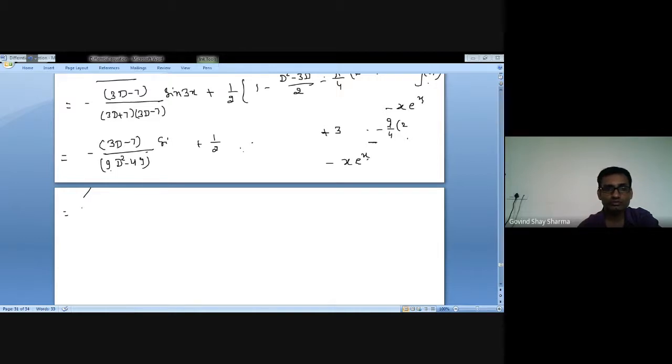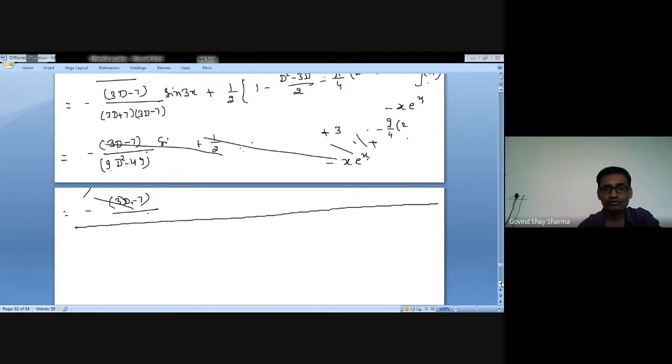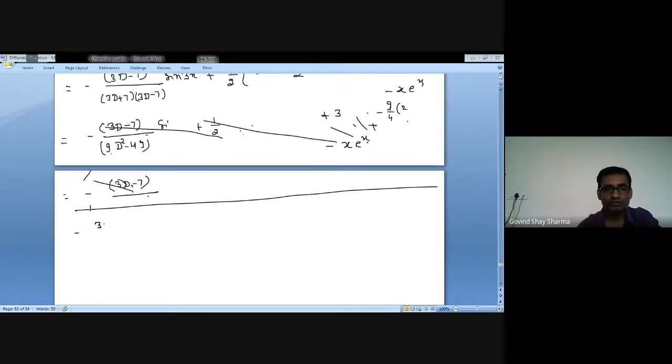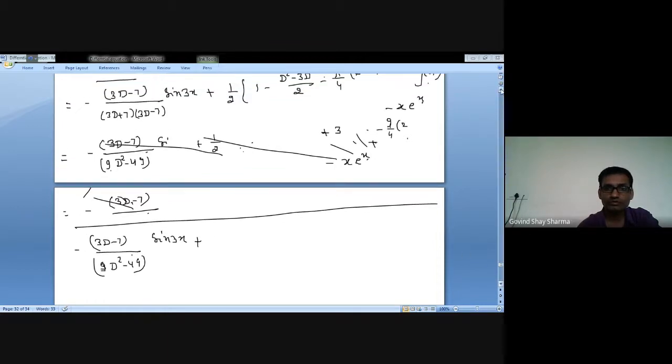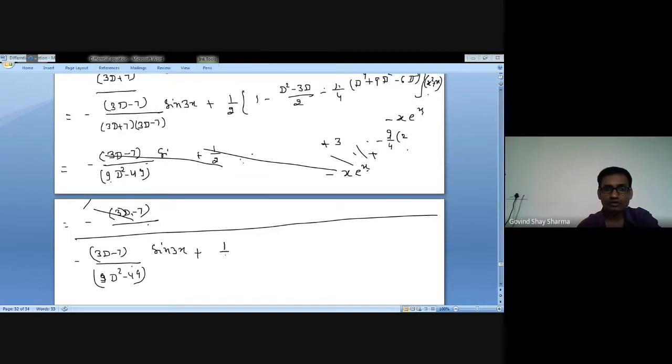Here we put 3D minus 7. No problem here. Here we do minus 3D minus 7, 9D square minus 49, plus half.